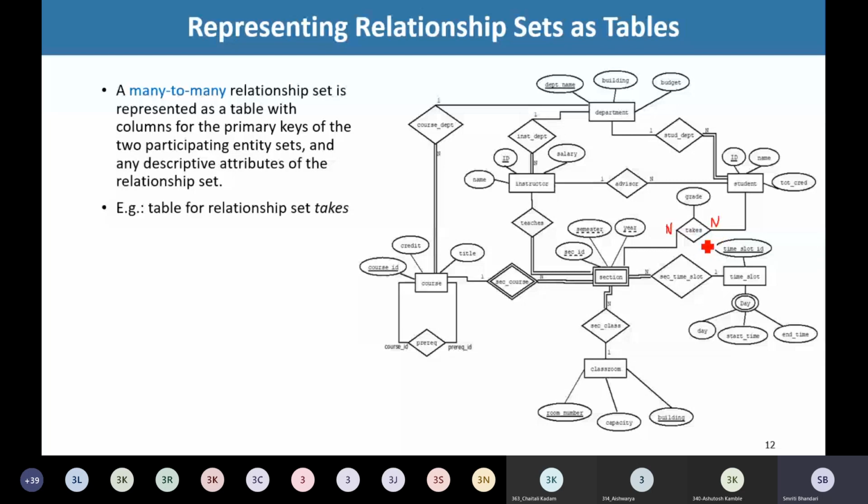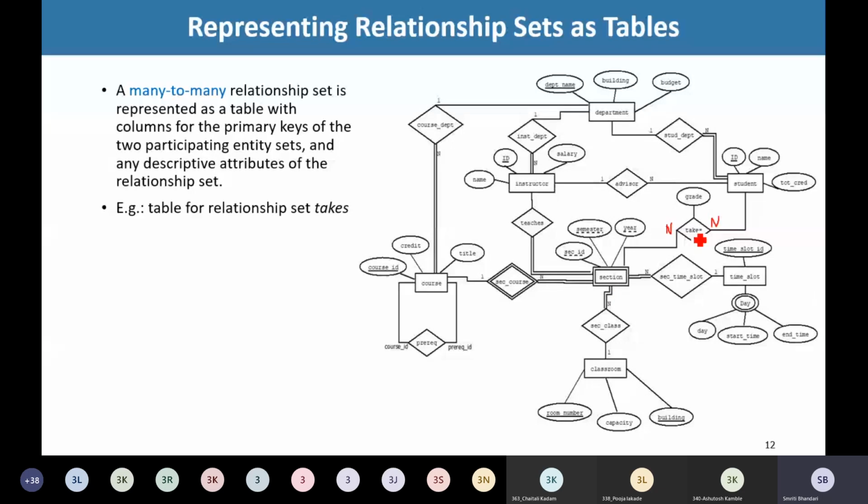Now, who is participating in takes? Which entity sets are participating? Student and section. Yes. So student and section are participating.